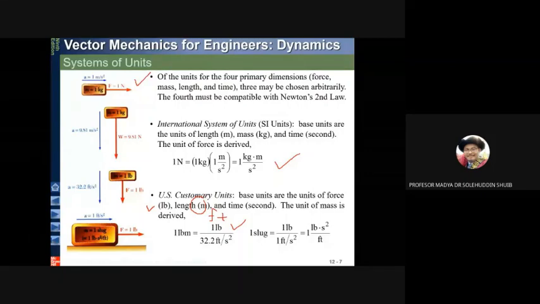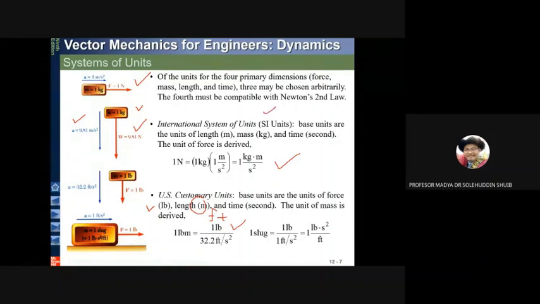We have body weight, which is 9.81 Newton, and we have acceleration here. We have body weight, we have mass, and then we have acceleration, 9.81 meter per second squared. So I finished explaining about SI.